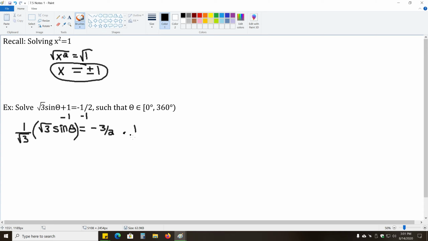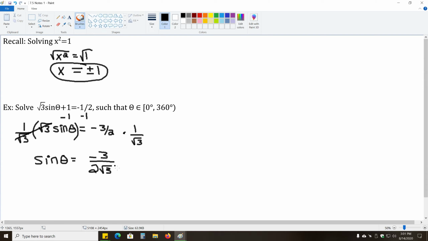And this is the same thing as dividing each side by the square root of 3, but it makes it easier to simplify the fraction on the right side when we multiply them. So the square root of 3 will cancel off, leaving us sine of theta equals negative 3 times 1 is negative 3, over 2 times the square root of 3 is 2 square root 3.